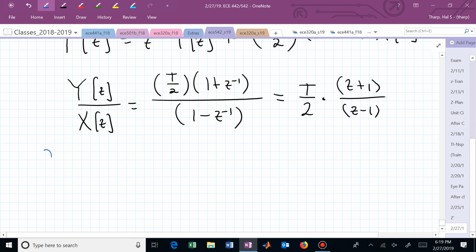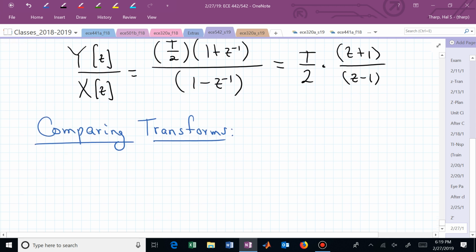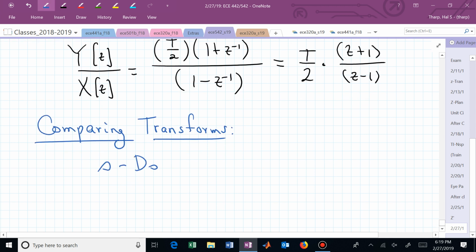And if we compare the transforms, we have our S domain, that's still the same, and our Z domain now is a little different.